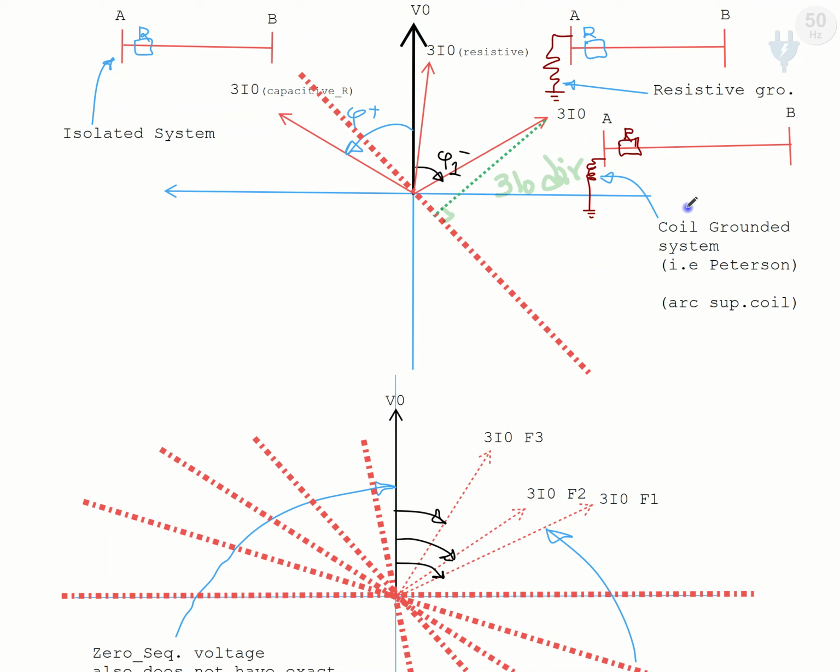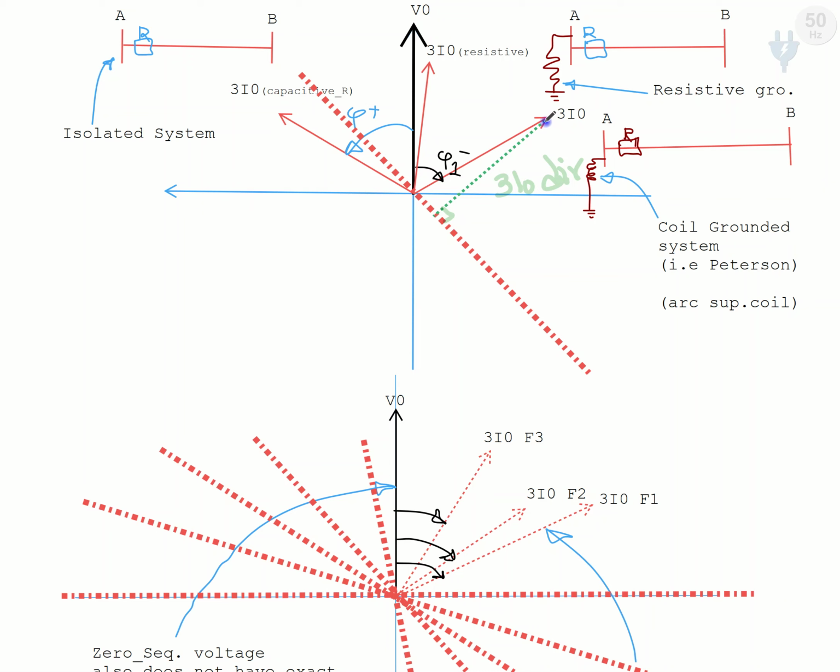And for the system which is mostly inductive during the fault, if the fault path is mostly inductive, we take a little shift for this axis, and we decline this axis in this direction because our zero sequence fault current will be in this direction, so mostly it should be perpendicular.